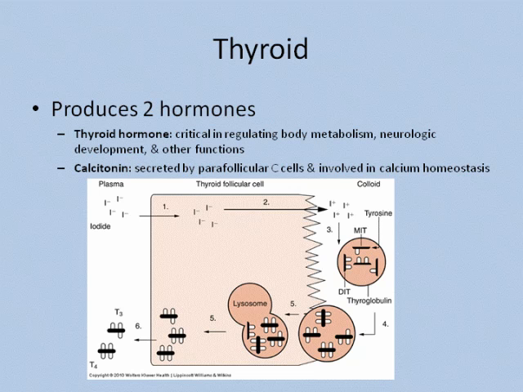So here's a picture of the thyroid itself. We have a thyroid cell. In the plasma, we have iodine, which is absolutely necessary to make thyroid hormone. From there, it goes in the thyroid, where it is added to tyrosine, and in the presence of iodine it becomes monoiodotyrosine.